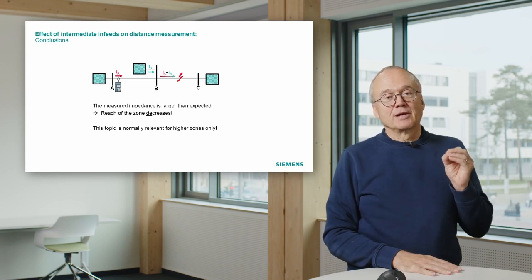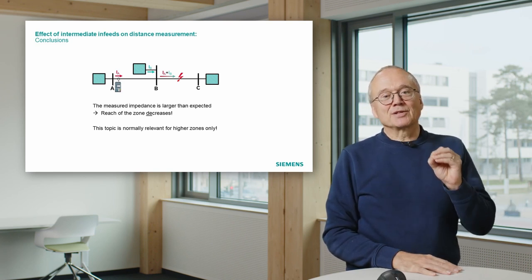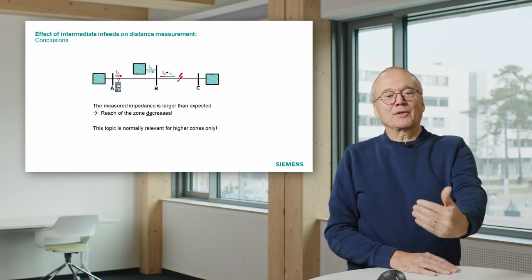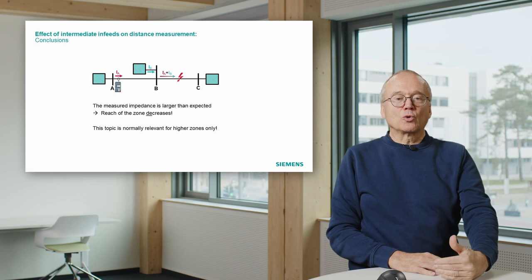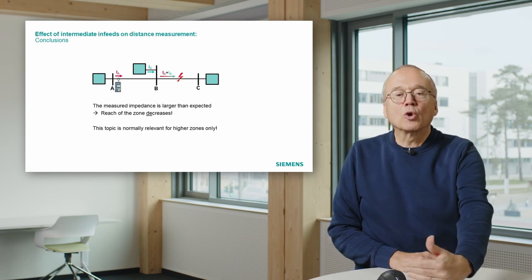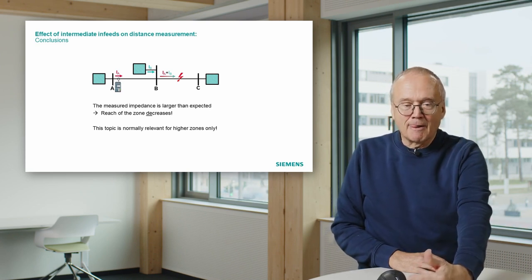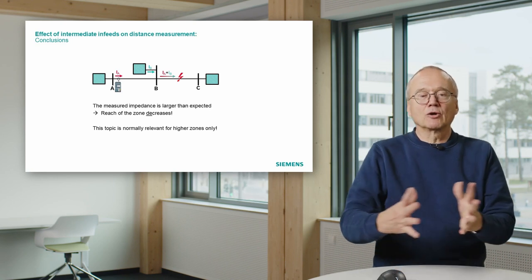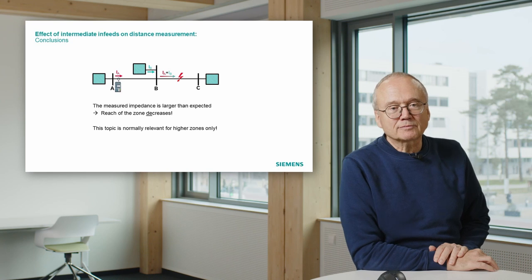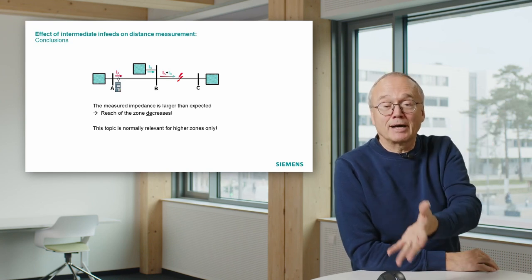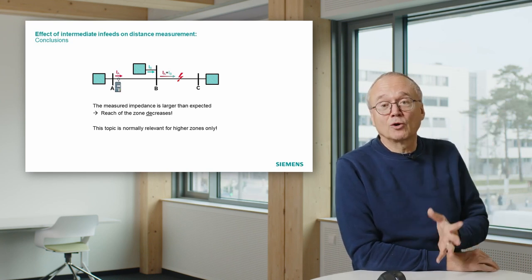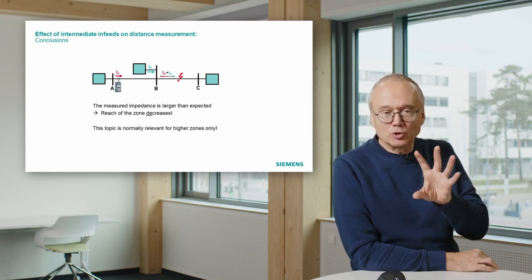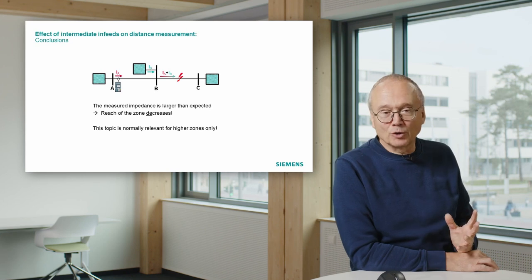That means the measured impedance is greater than it is in reality due to this effect, and that means the reach of the zone decreases. We no longer cover 70%, but maybe only 60, 50, 40, depending on this ratio. That means you think zone 2 has a backup for a bigger percentage of the next line, but in reality, due to this intermediate effect, it's not the case.